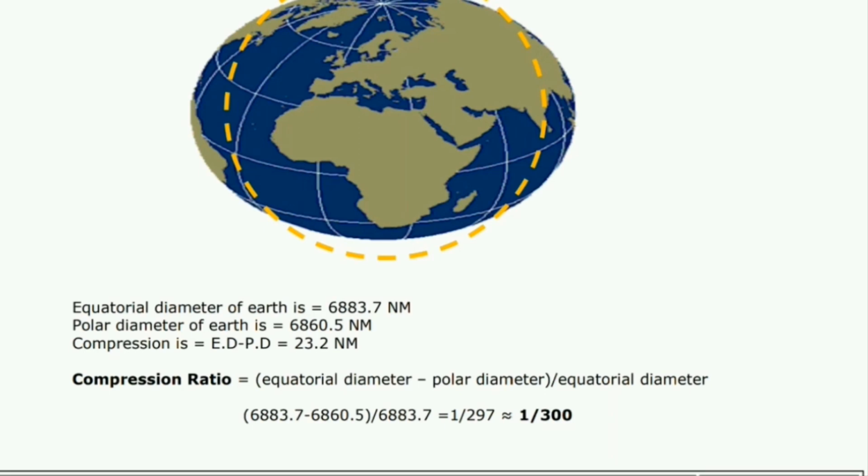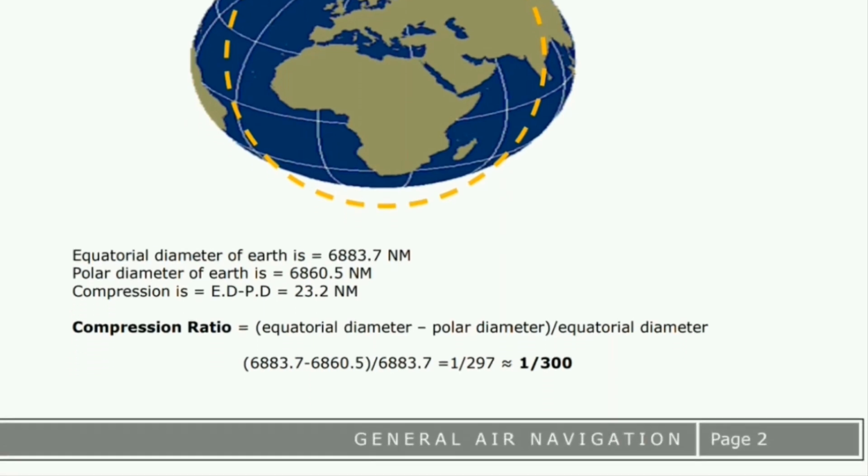So the compression is equatorial diameter minus polar diameter, that is 23.2 nautical miles. Now what is the formula for compression ratio? The compression ratio is equatorial diameter minus polar diameter divided by equatorial diameter. So it will be approximately 1 by 300.